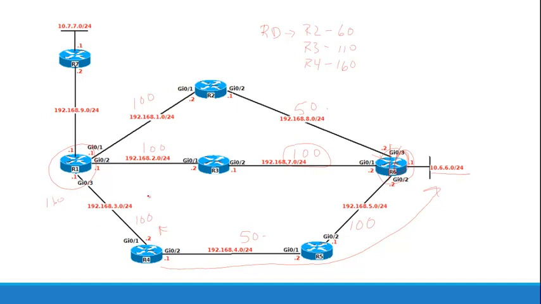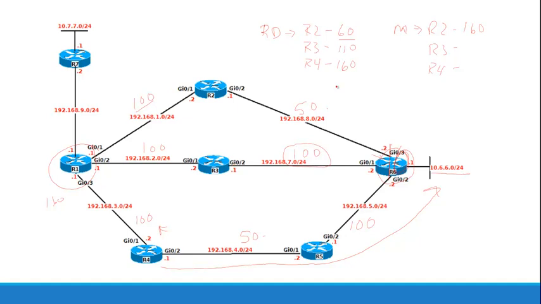Okay. Now let's find the feasible distance. Well, let's find the metric, and then remember the feasible distance is the best metric. So the full metric to get to this route, if I go through R2, ends up being whatever the reported distance is plus what it takes me to get to my neighbor. So it's 100 plus the reported distance, 60, which is 160.